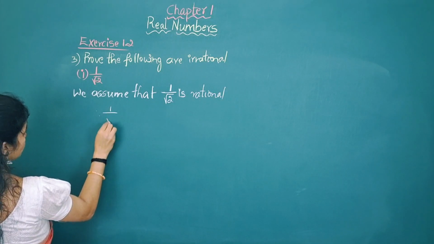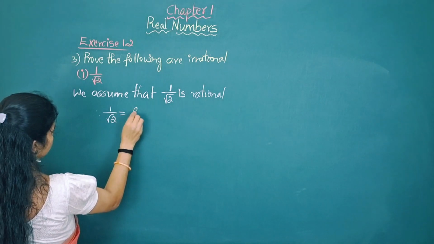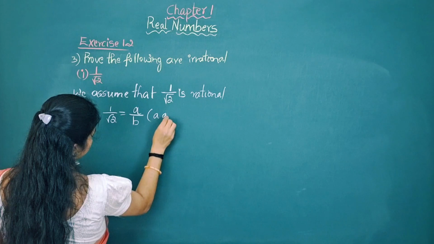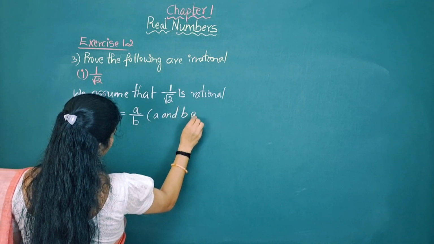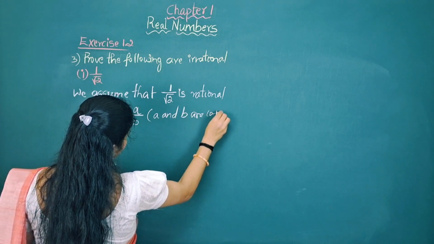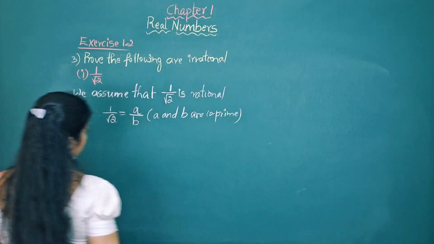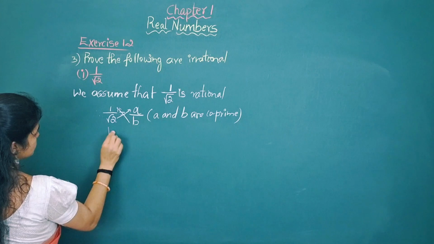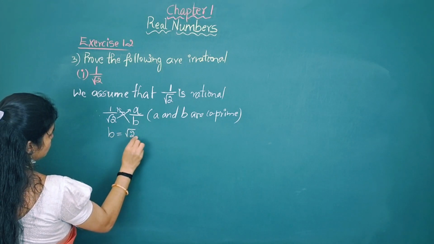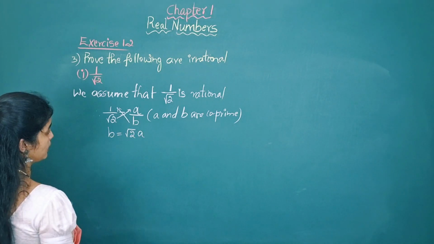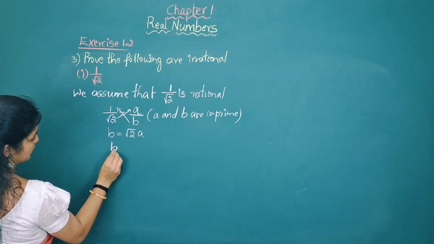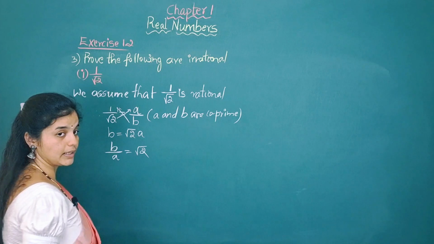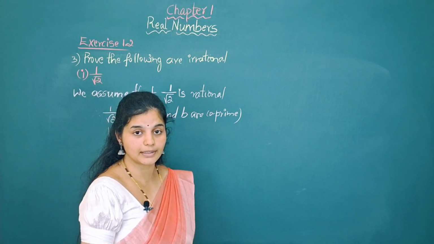Therefore, we can write 1 by root 2 is equal to a by b. Here, a and b are co-primes. So now I can write this as b is equal to root 2 into a. Rearranging again, I can write b by a is equal to root 2.